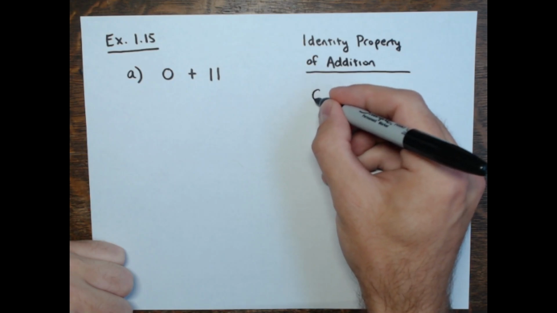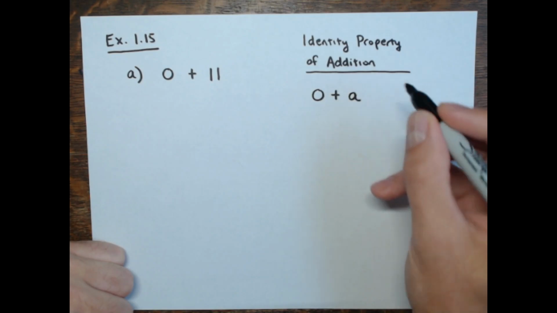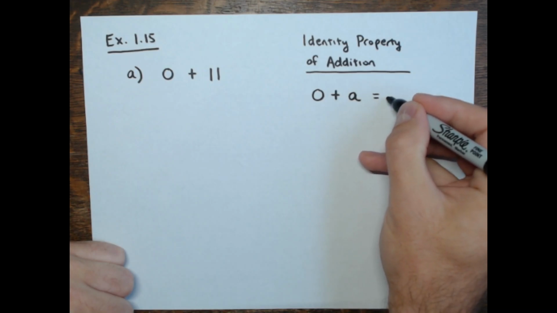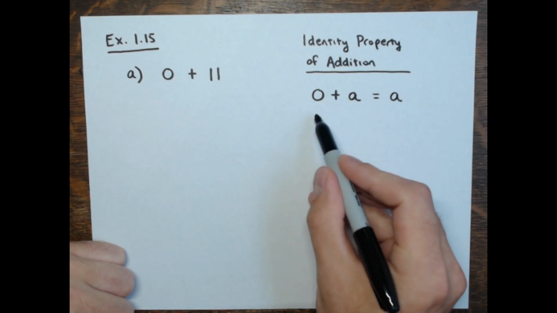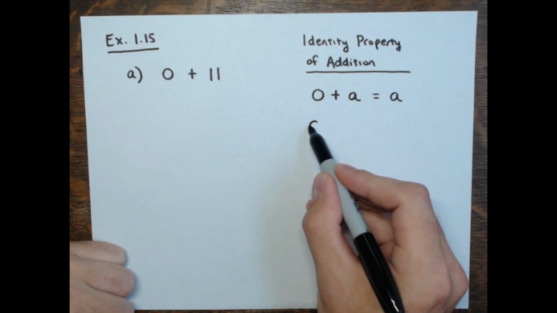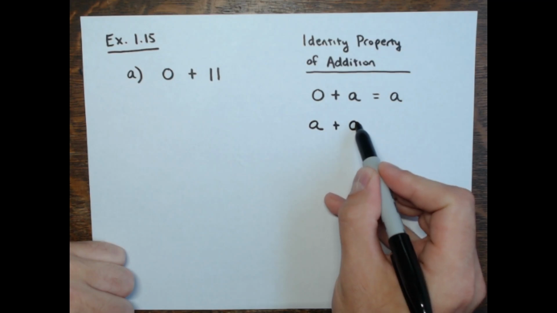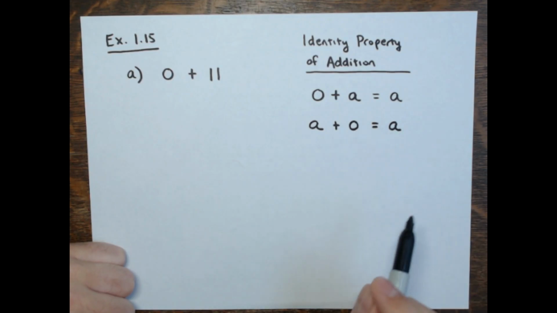We have 0 plus any number, right? A can represent any number, will equal just that number again. And the same goes in the other order. If I take any number a plus 0, we're going to get that number back again.